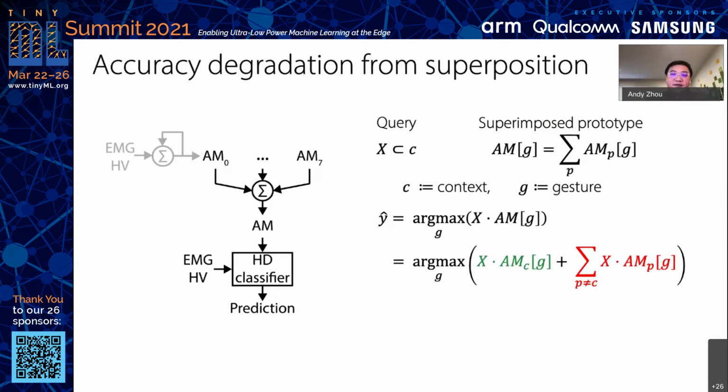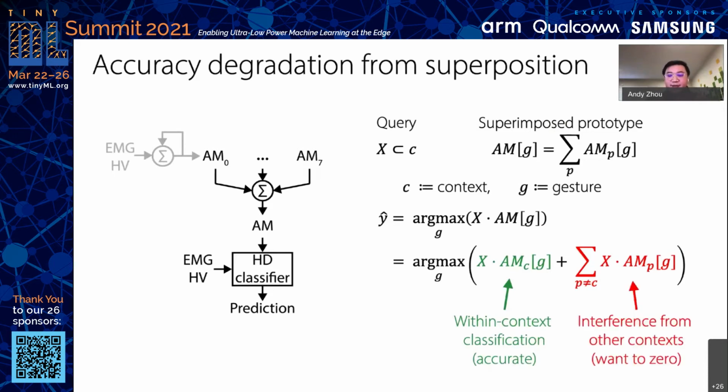And we identify this first term as the within context classification, which we know is very accurate. And we can identify the second term as interference from other contexts. Now, this interference term is typically not very small, since it's still expected that there's some degree of similarity between prototypes of the same gesture, even from different contexts. So the goal then is to try to isolate that first term or to nullify the second interference term.